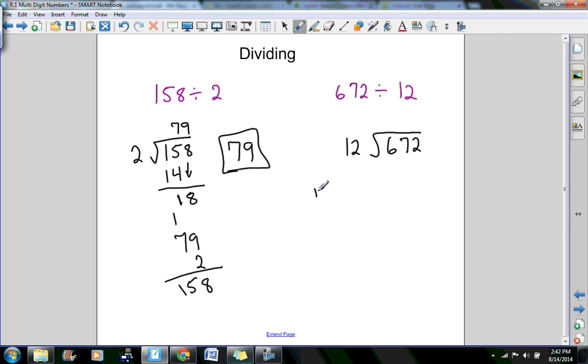So what I do over here is I go 12, 24, 36, 48, 60, 72. Oops, so 60, that's our target. So I go 1, 2, 3, 4, 5. So we know that's 60. So I bring down 72, and look at that, that's the next one on our list, which is 56.